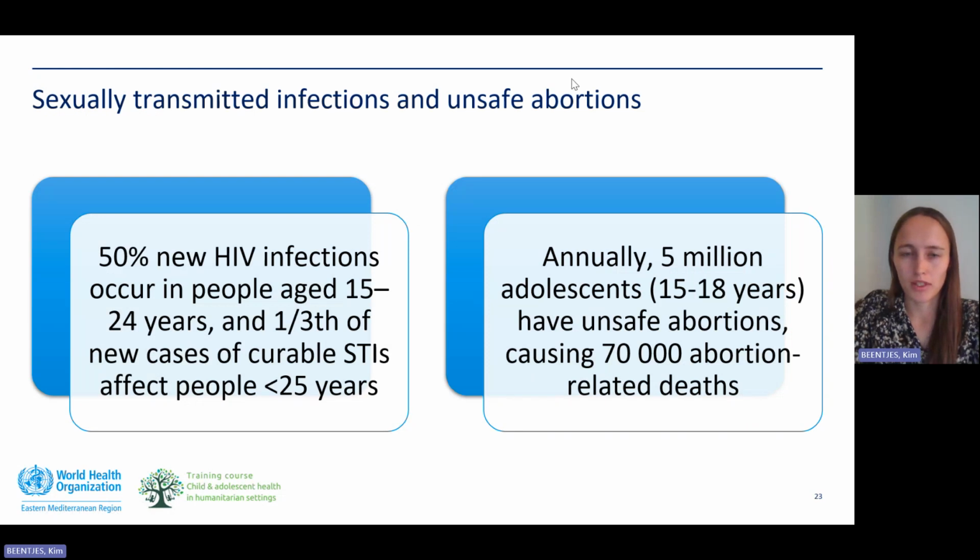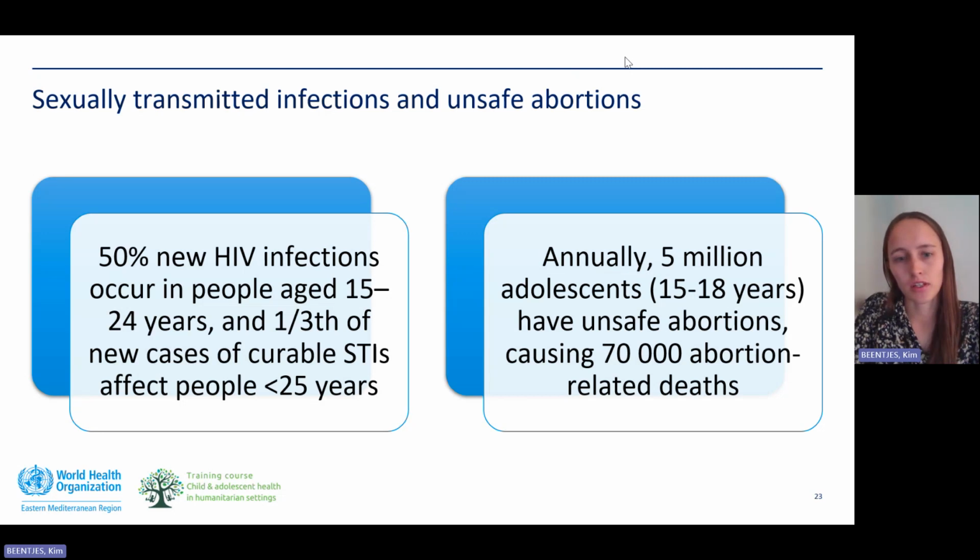Then these are some numbers that highlight why it's very important to include this into humanitarian actions for children and adolescents. This is on sexually transmitted infections and unsafe abortions. So 50% of new HIV infections occur in people aged 15 to 24 years old.